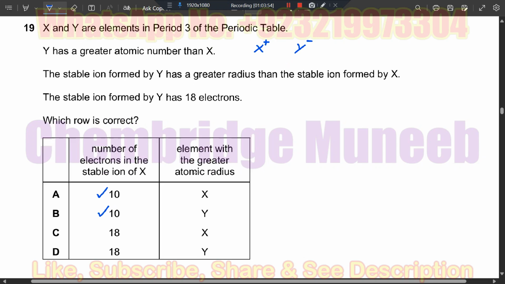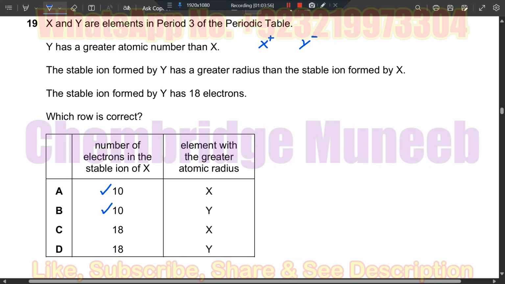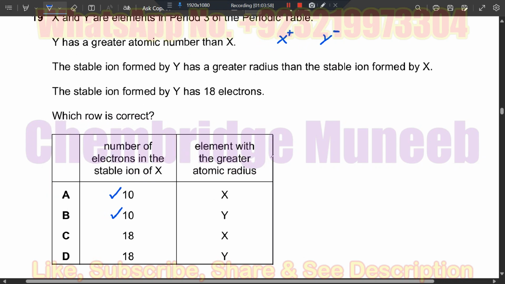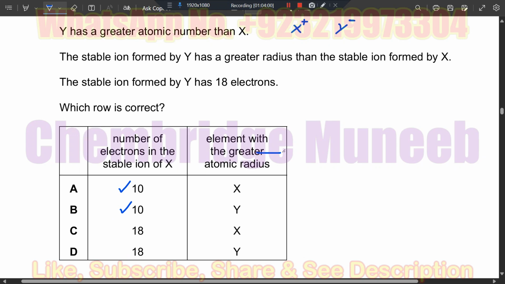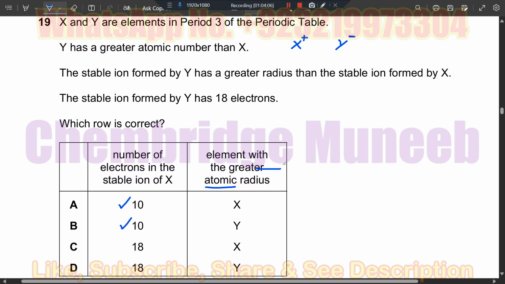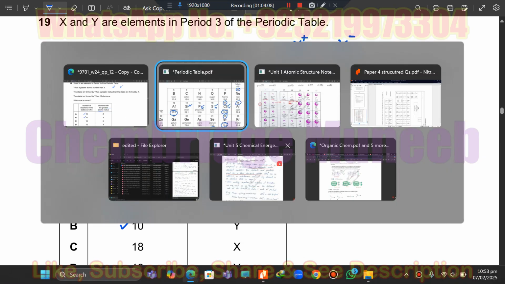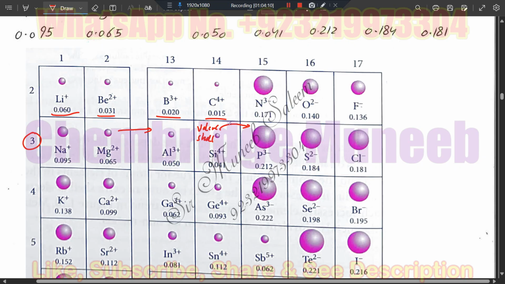And the second column says the element with a greater atomic radius. Now it doesn't say ion, it says atomic radius, which belongs to the neutral form of the atom. While moving from left to right, there is an increase in size from cation to anion.